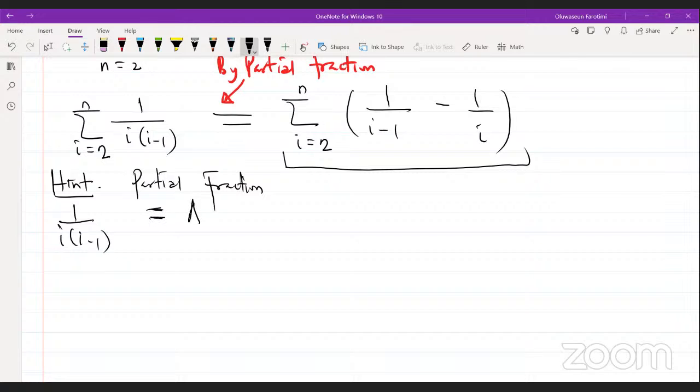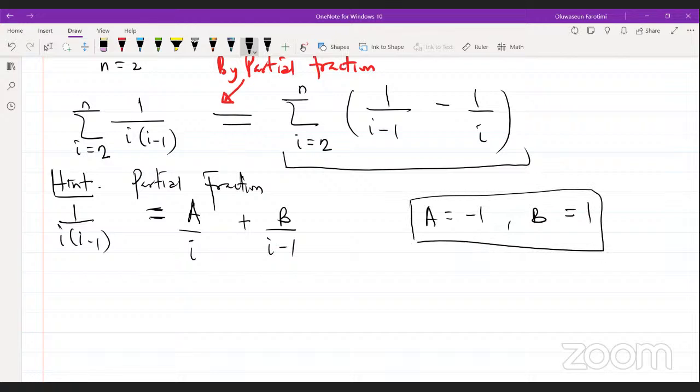So this is A divided by i plus B divided by i minus 1. I hope it comes to mind now. So you find the values of A and B. Let me just tell you in case you want to do it: your A is going to be -1, and your B is going to be 1. So this is just a hint I can give.